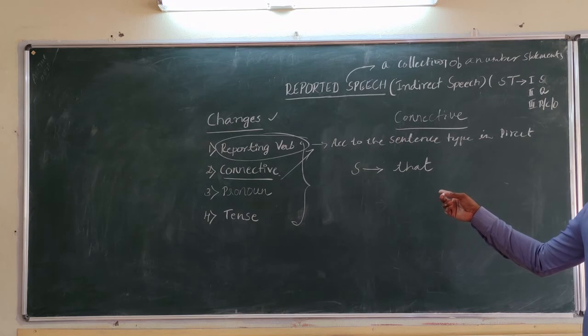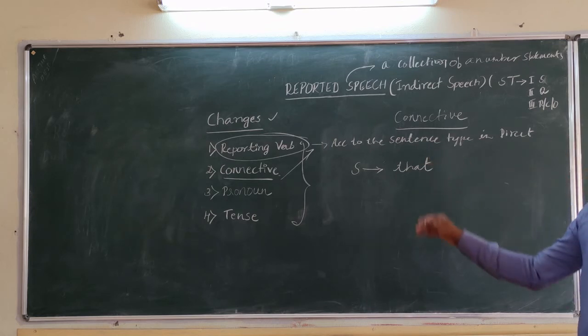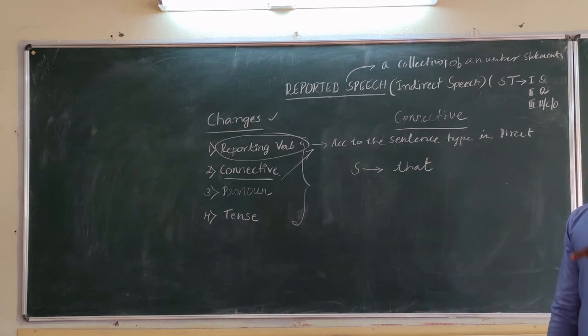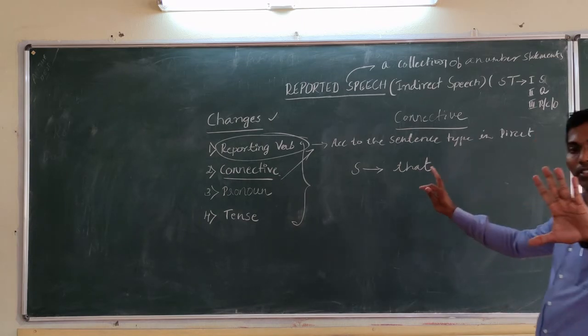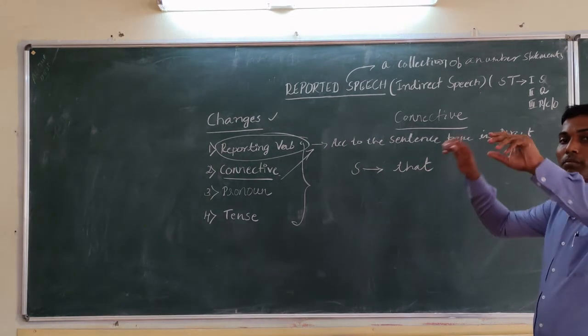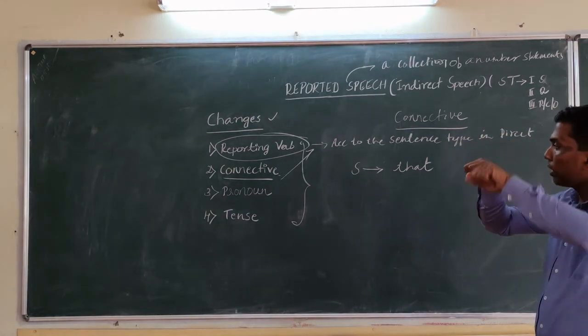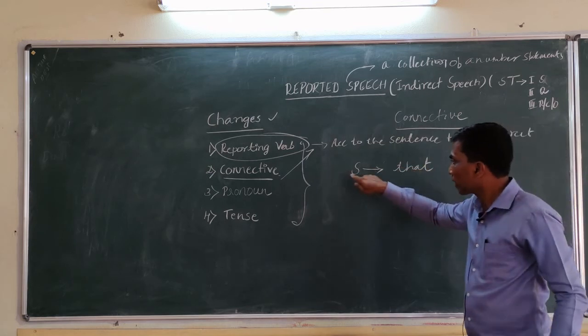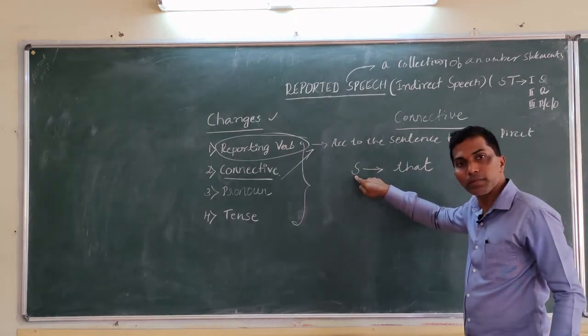Why? Because 2 things are separated: the reporting clause and the reported clause. They are separate things, but they will be combined. To combine, you need a connective, and the connective that you need when there is a statement is that.